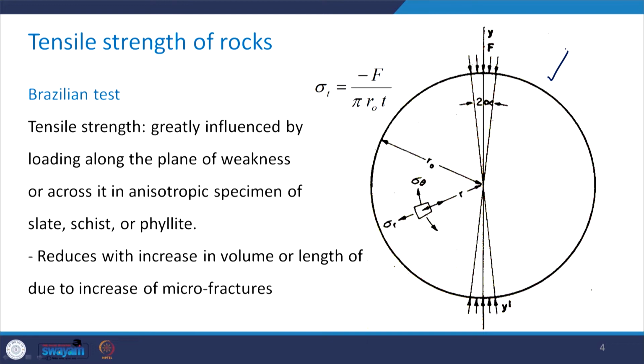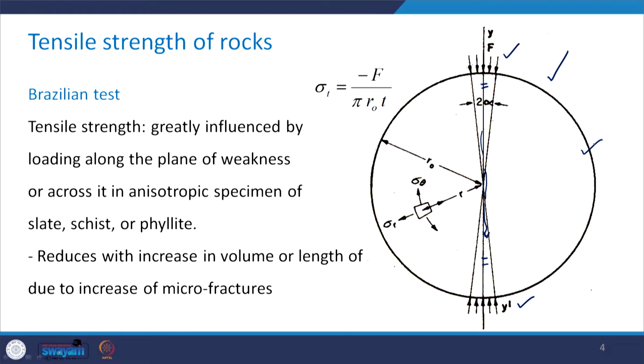So, as I mentioned, this picture clearly shows how the loading will be applied. Along this diameter, the loading is applied, and see, it is compressive in nature, and it is assumed that the crack will start from this center and propagate towards the circumference or towards the end of this disc.